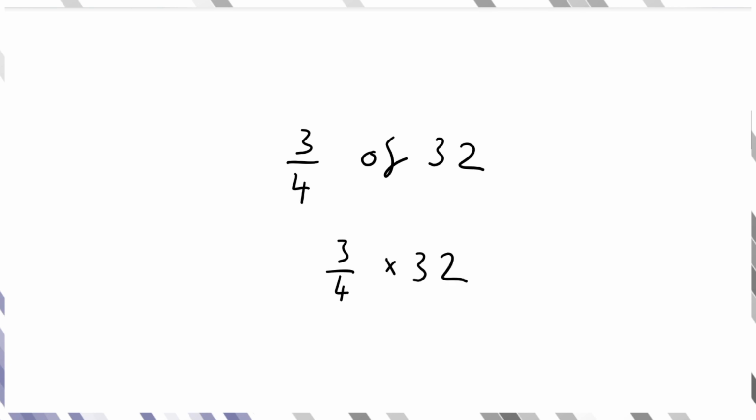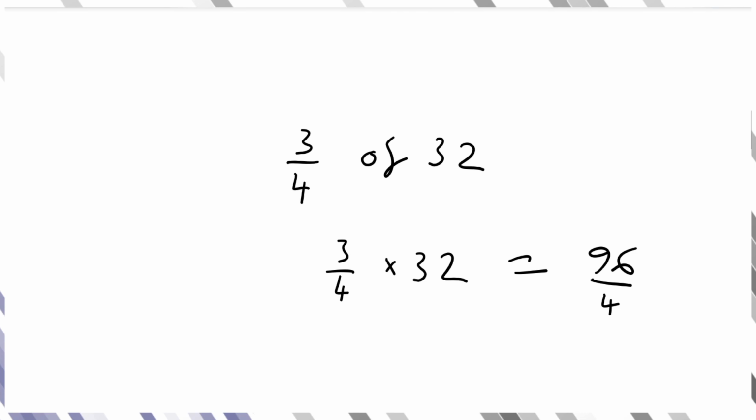Now, to do that, we could do the top number of the fraction times the number and then take it from there, and that works. So we could do 3 times 32, which would give us 96. And then we can continue this as a fraction, but replace the 3 with a 96. So it would be 96 over 4. And then we can simplify it from there.